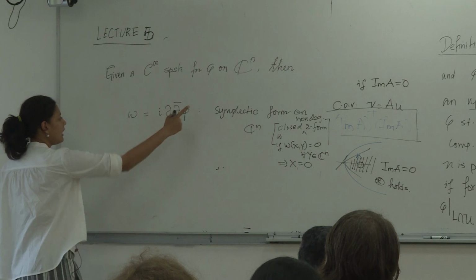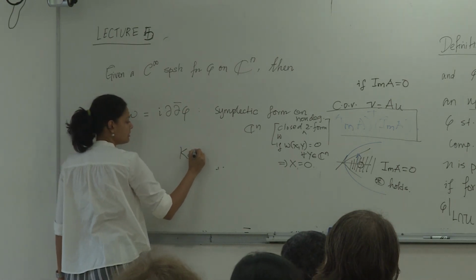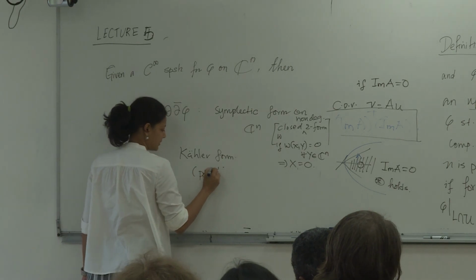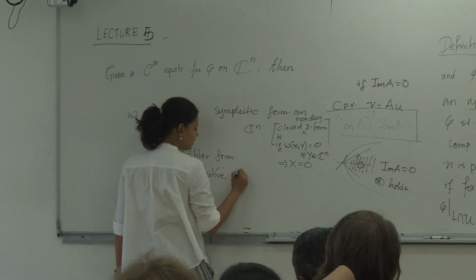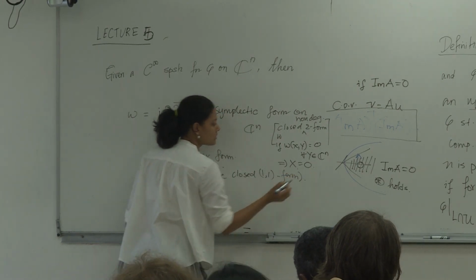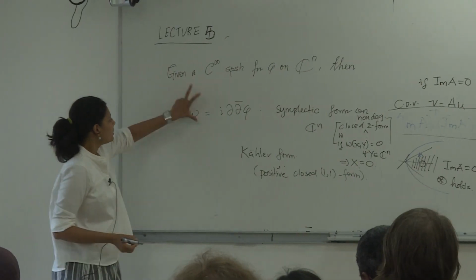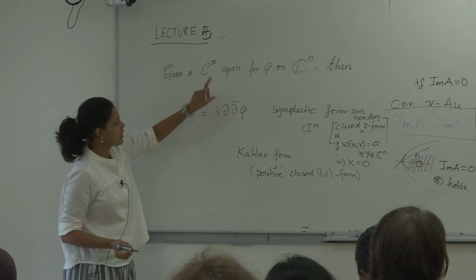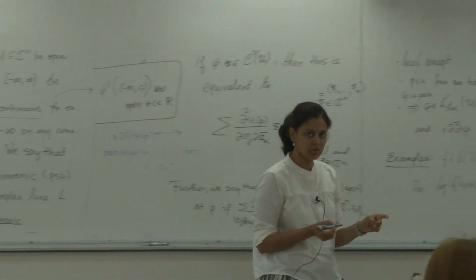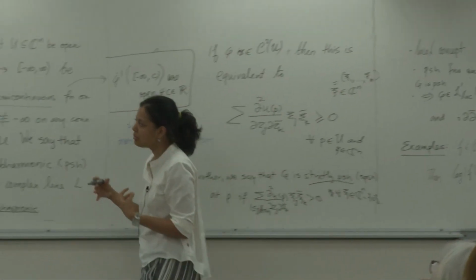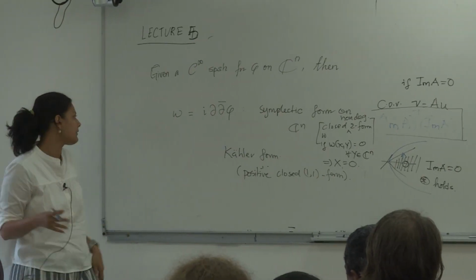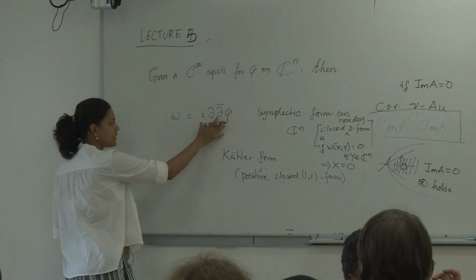Okay? But in fact, this is also a Kähler form, which is a strictly positive, closed (1,1) form. So it's more than just a symplectic form. We have this structure coming from this global smooth SPSH function, and we are going to interpret the various convexity notions that we have seen using something like this.